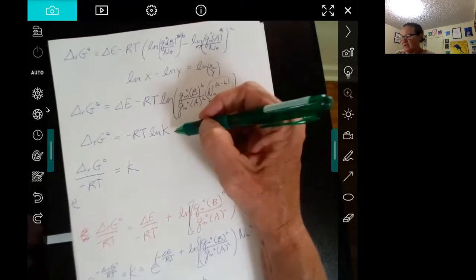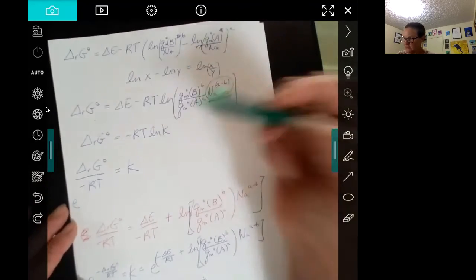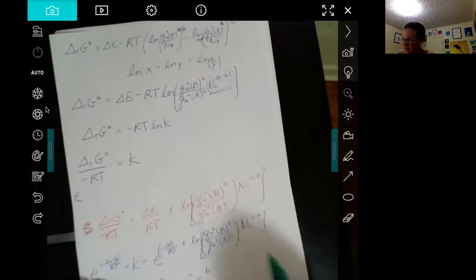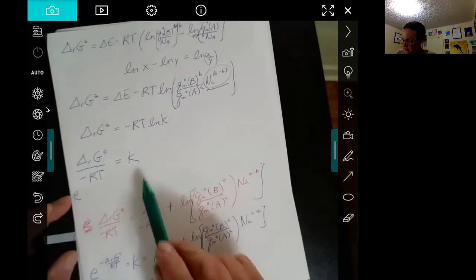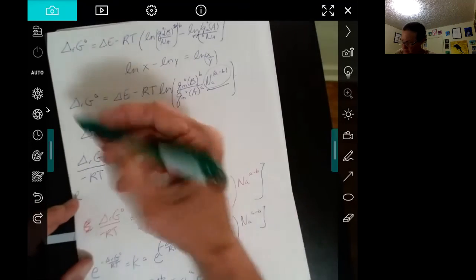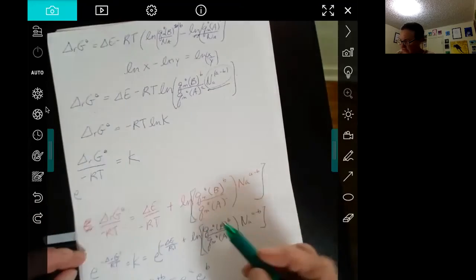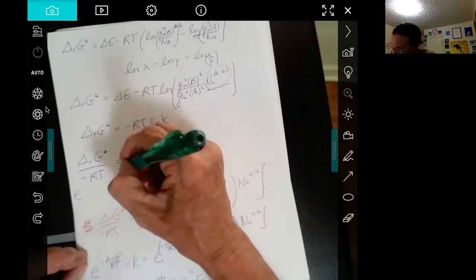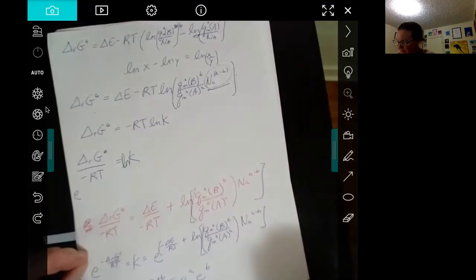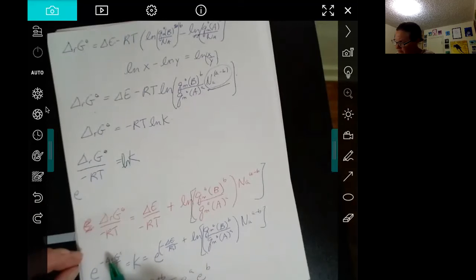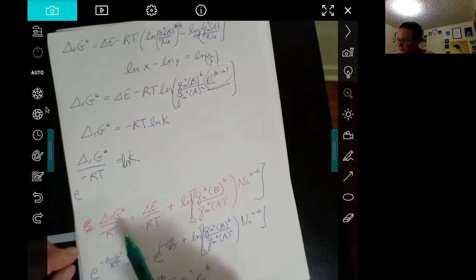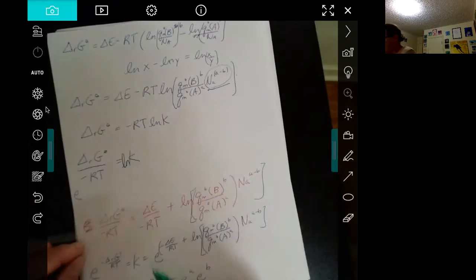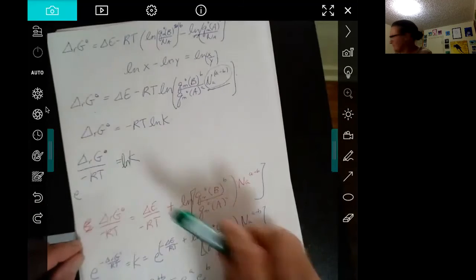Now we want to actually get it from a delta G into a K. So I am going to divide delta G naught by negative RT. And then this should still have an ln on it.